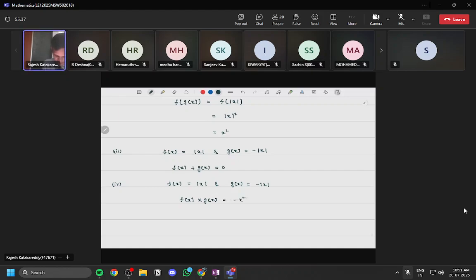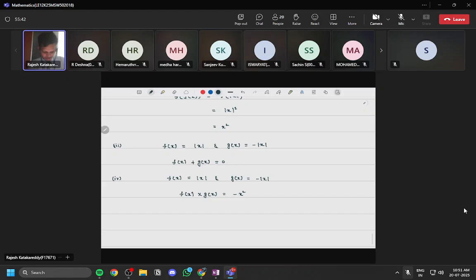Minus 1 into x square. That is differentiable at 0.